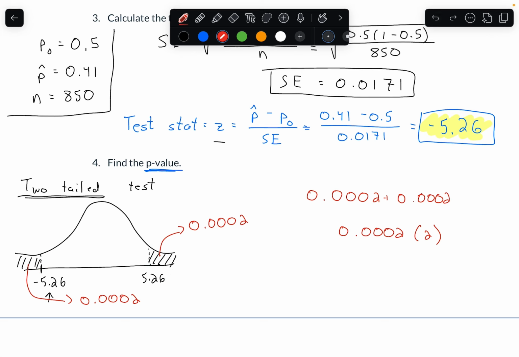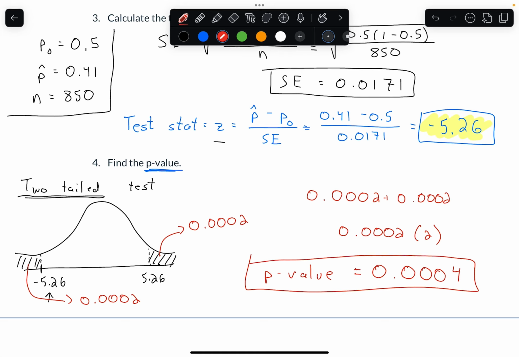So either one works. It doesn't really matter. Dealer's choice, whichever you're more comfortable with, but in either case, our p-value will end up being 0.0004. And this number matters a lot to us in our hypothesis testing question because it's going to be how we make our decision at the end of these problems.